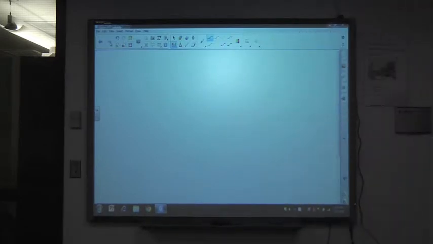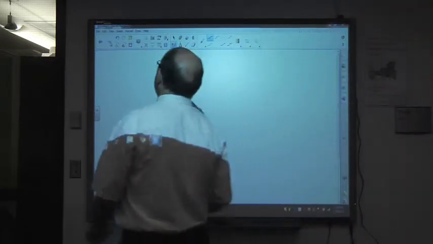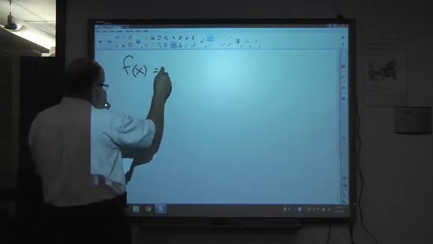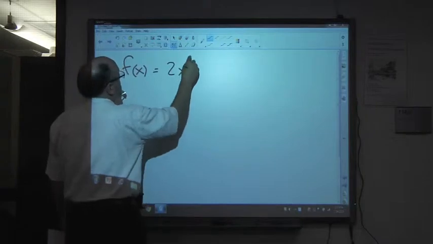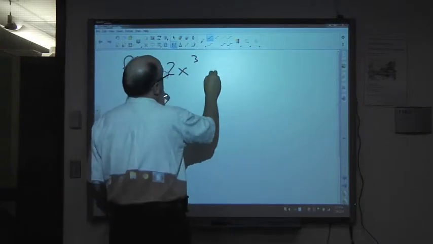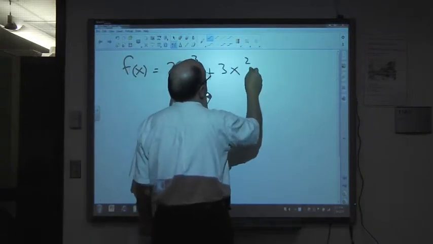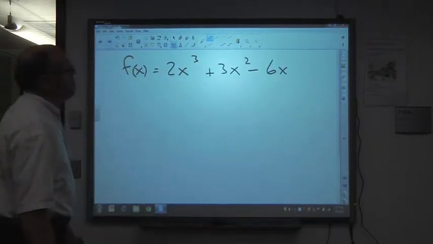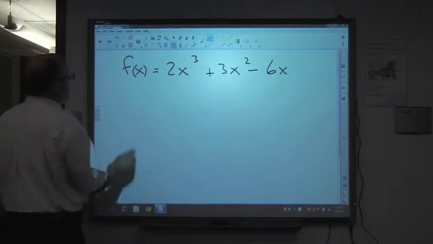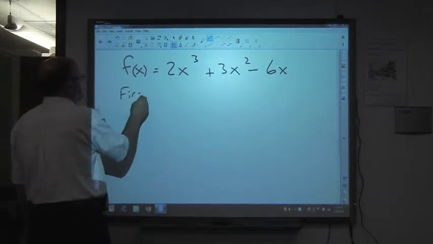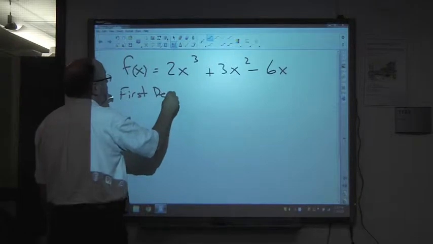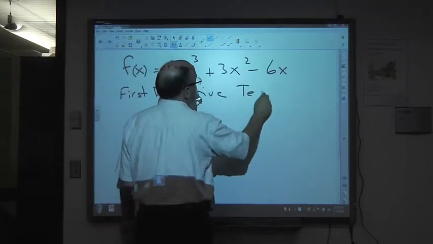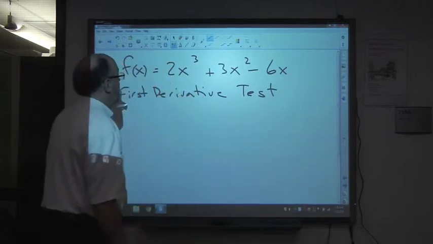So for example, let's say we have this function, f of x equals 2x cubed plus 3x squared minus 6x. So first off, in terms of our first derivative test, the first thing we have to do is find the first derivative.